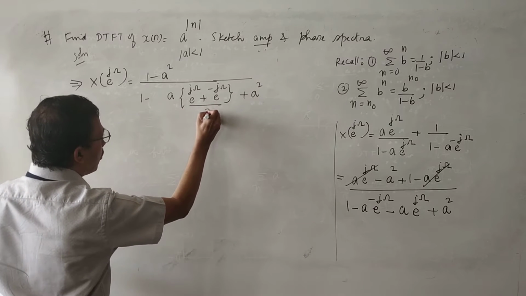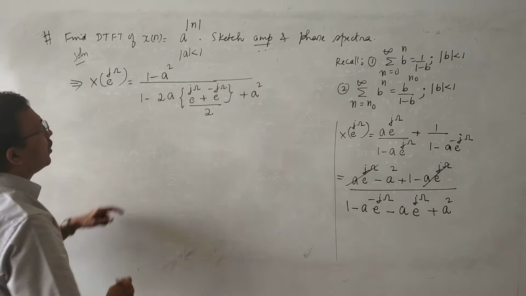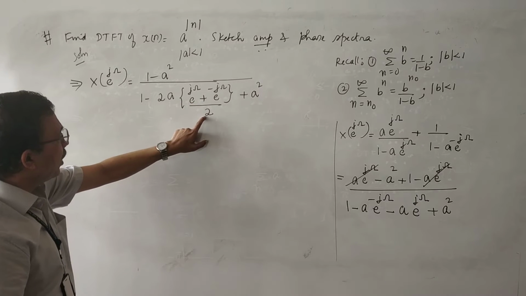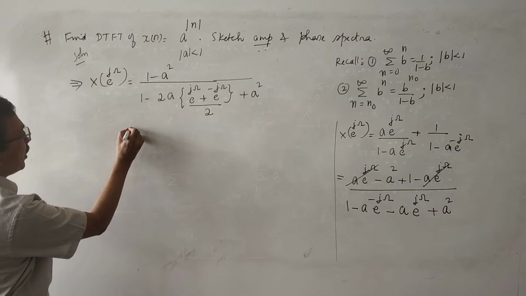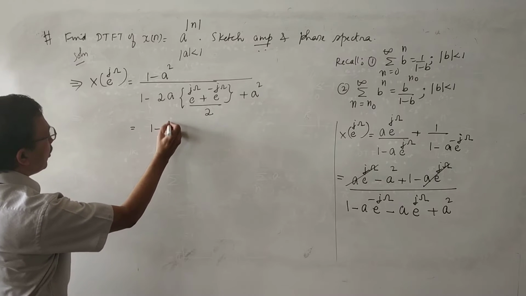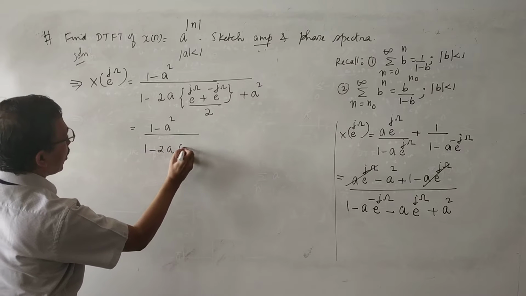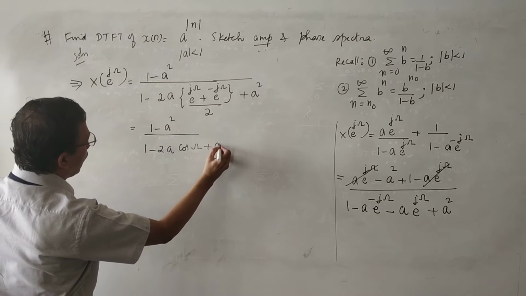Divide this by 2, multiply this by 2. This is like e to the power j theta plus e to the power minus j theta by 2, which is nothing but cos theta. So this becomes 1 minus a square divided by 1 minus 2a cos omega plus a square.